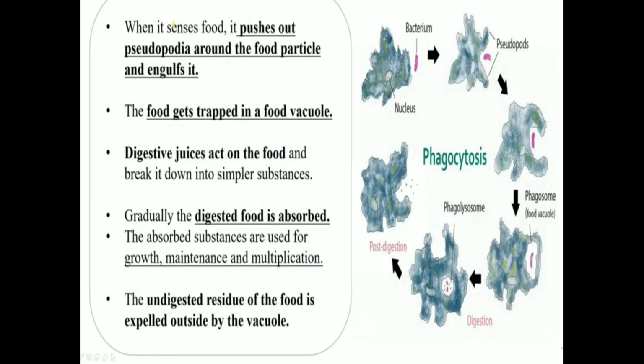Can you see that the digestive juices act on the food and break it down into simpler substances? Gradually the digested food is absorbed, and the absorbed substances are used for growth, maintenance, and multiplication. The undigested residue of the food is expelled outside by the vacuole. This is all about feeding and digestion in amoeba.